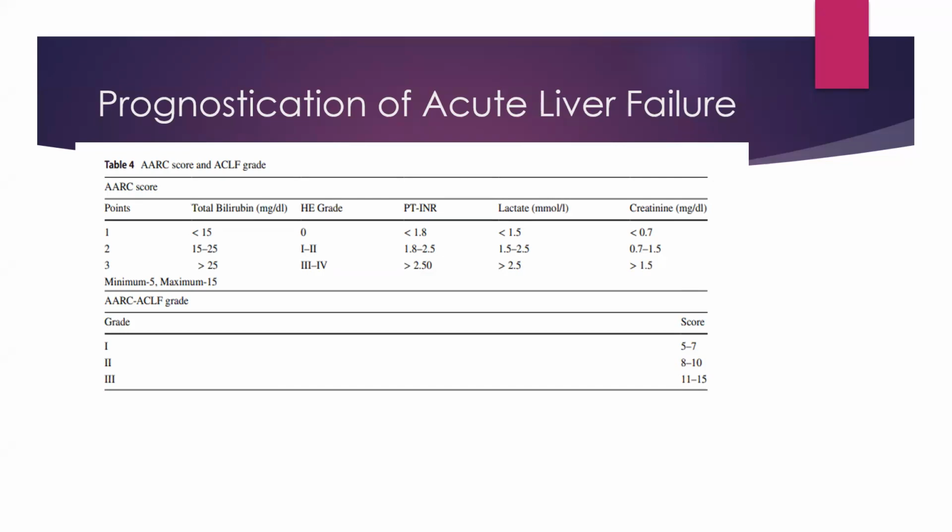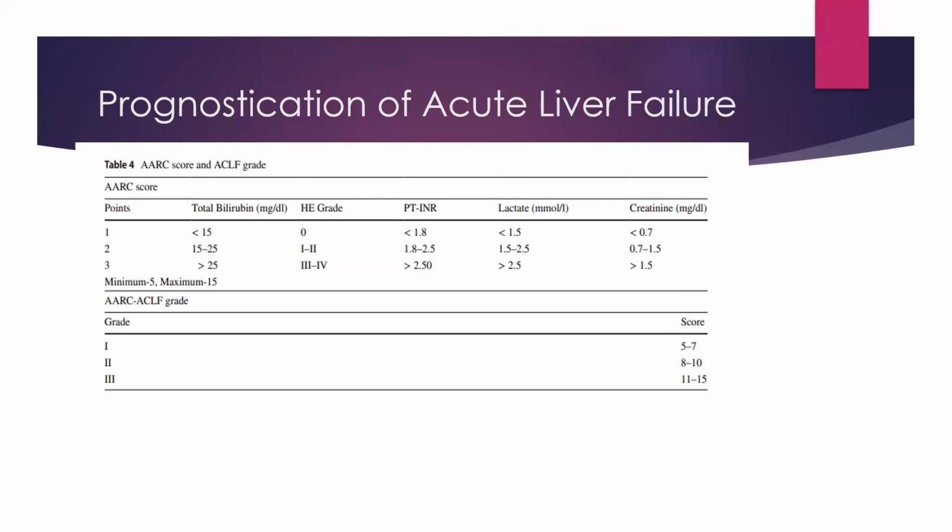Point 2 if bilirubin is 15 to 25, hepatic encephalopathy grade 1 to 2, PT INR 1.8 to 2.5, lactate 1.5 to 2.5, creatinine 0.7 to 1.5. Then point 3 for total bilirubin more than 25, hepatic encephalopathy grade between 3 and 4, PT INR more than 2.5, lactate more than 2.5, creatinine more than 1.5.